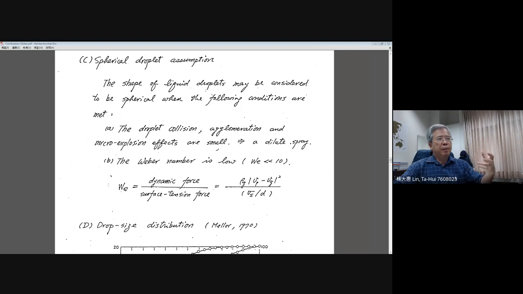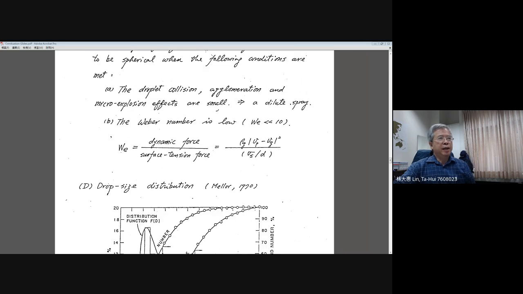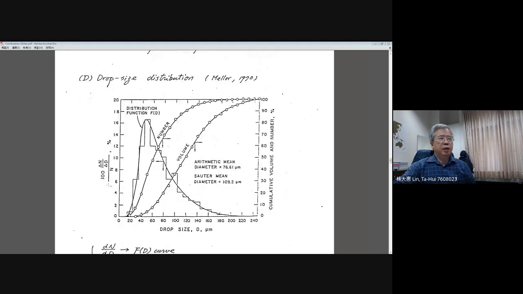Now we think about, if this droplet is spherical, how to characterize its size. When you have spray atomization, you make a control volume to think about the droplet size distribution in this control volume. Definitely you will not have the simple idea that all the droplet sizes are the same.